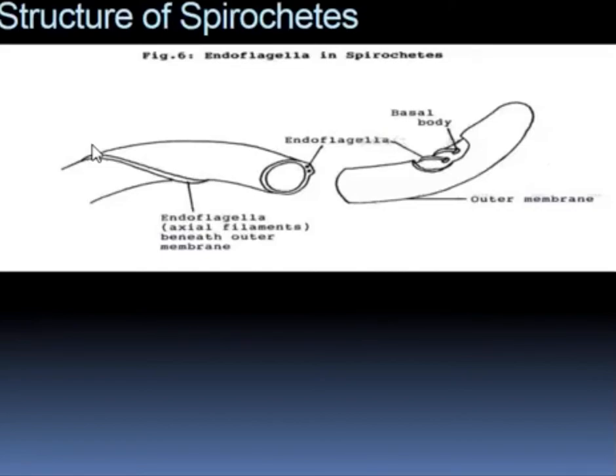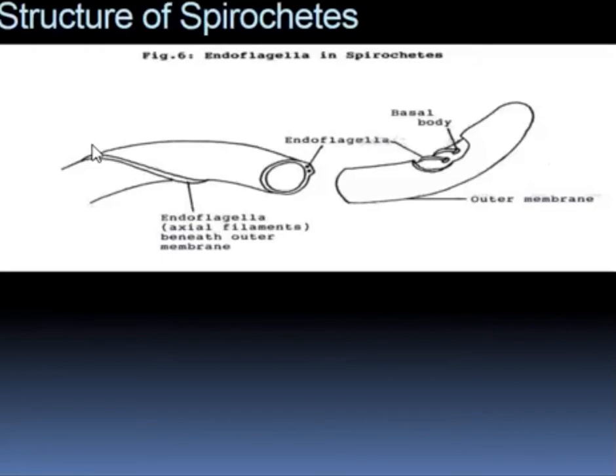Now, if we remove the outer covering or the outer membrane and we see the endoflagella wrapped around its cell wall, intertwined around its cell wall, we can see that this arrangement of its endoflagella will give the spirochete organism a helically coiled or curved morphology.